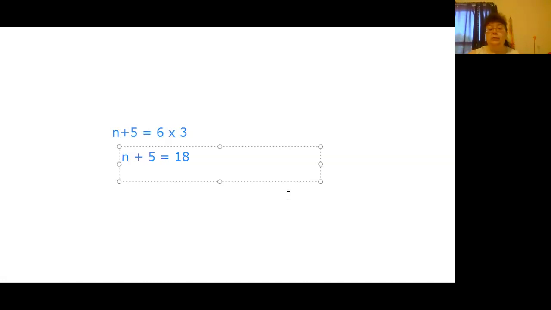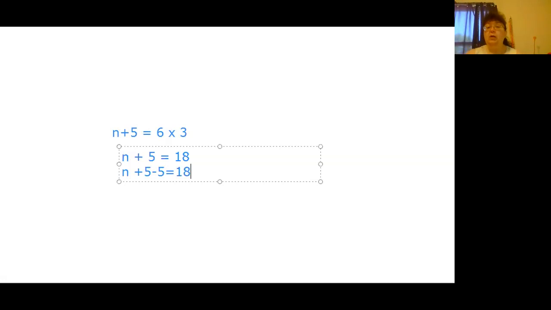The only way to do that is you take this 5. They added 5, so if I subtract 5, 5 minus 5 gives me 0, right? So if I go n plus 5, and then I subtract the 5, equals 18, okay?